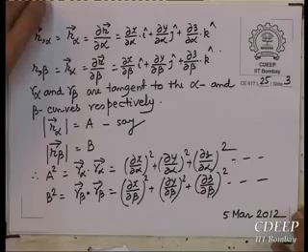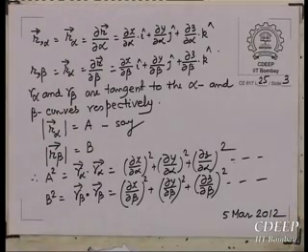Now these A and B, the lengths of R alpha and R beta, are not unit vectors, but they are tangent vectors at point P.